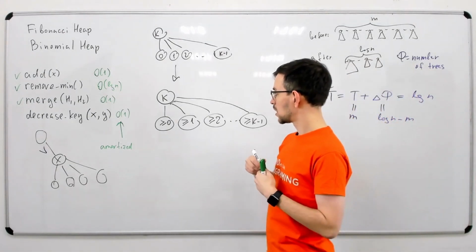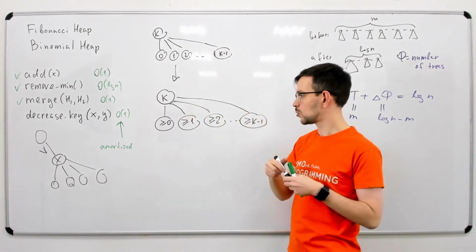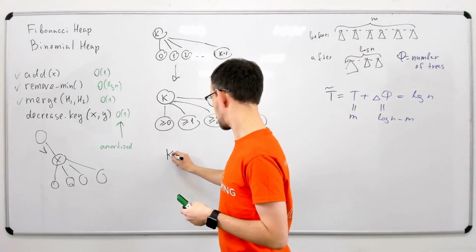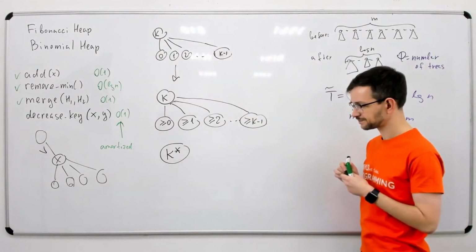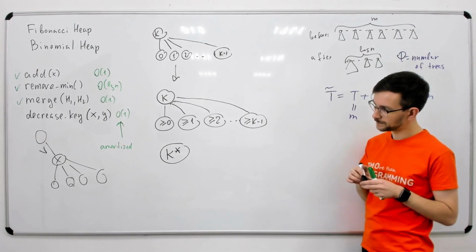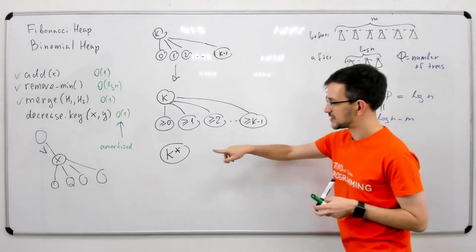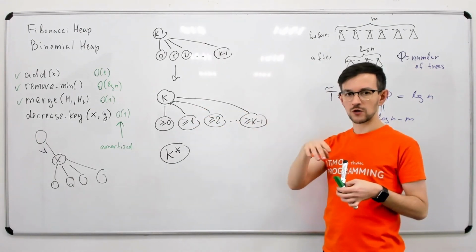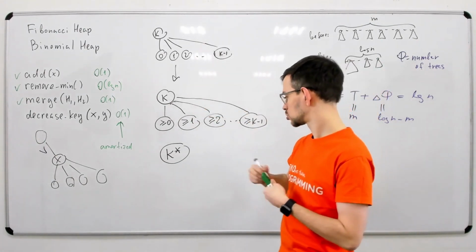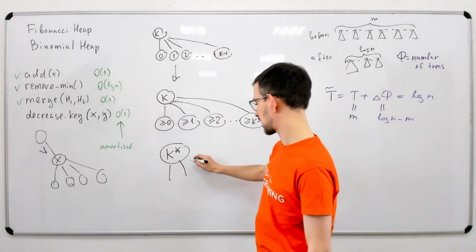So we'll have a tree of rank k like this, and we will have a tree of rank, let's say, k with an asterisk like this. This is the tree of rank k which lost one of its children. So instead of having k children, it has k minus 1 children.